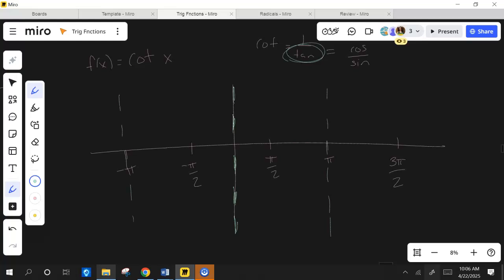Now remember, when you were doing the tangent, your asymptotes were at every half pi. Now they're at every whole pi. At pi over 2, my tangent was undefined, but my cotangent here is flipped, right? 0.